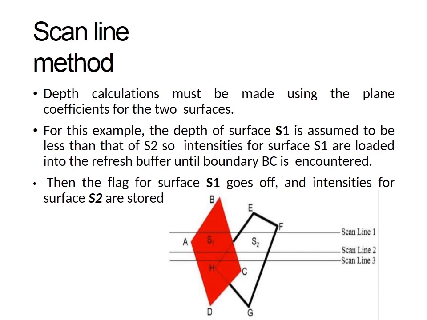Depth calculation must be made using the plane coefficients for the two surfaces. For this example, the depth of surface S1 is assumed to be less than that of S2. So intensities for surface S1 are loaded into the refresh buffer until boundary BC is encountered. Then the flag for surface S1 goes off and intensities for surface S2 are stored.